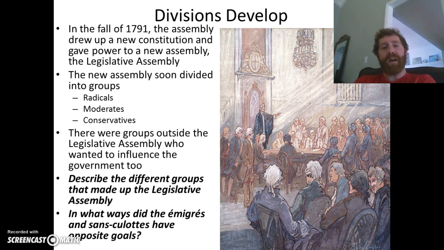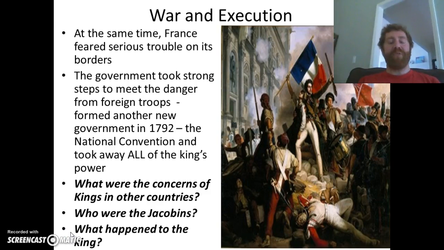And the sans-culottes wanted to enact even more radical changes to the French government, and even though they were not able to do so within the Legislative Assembly, they did find ways to exert their influence on the streets of Paris.